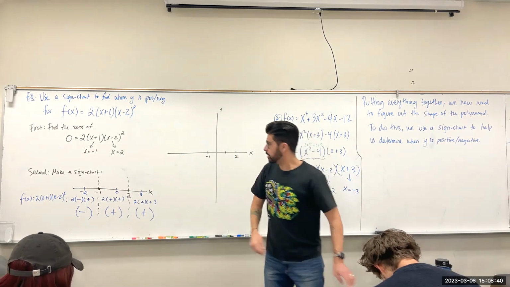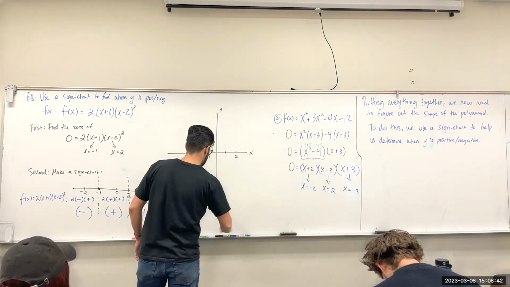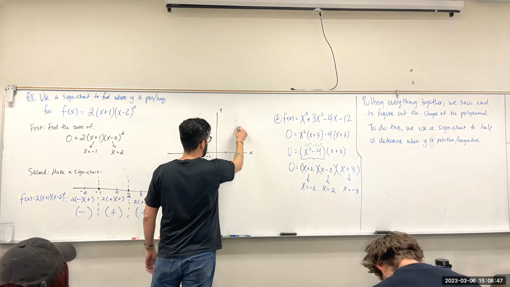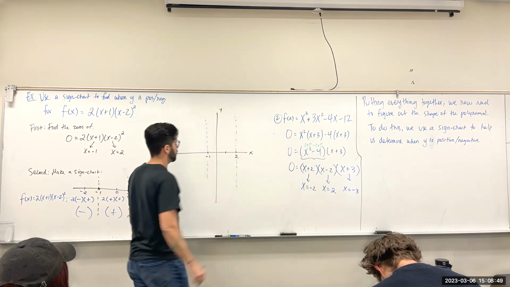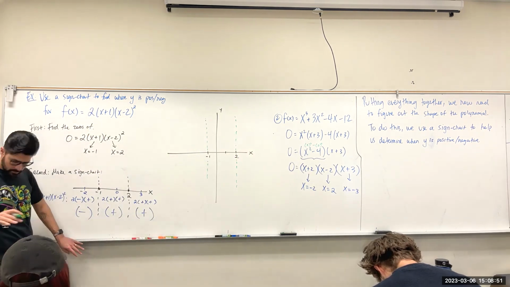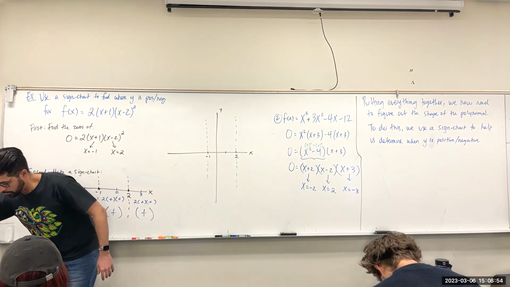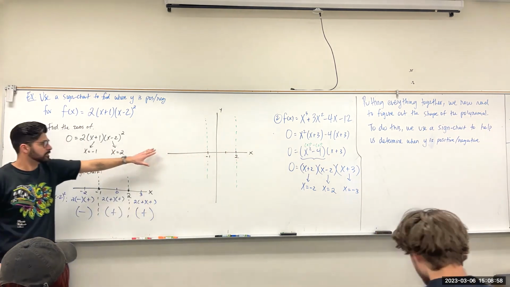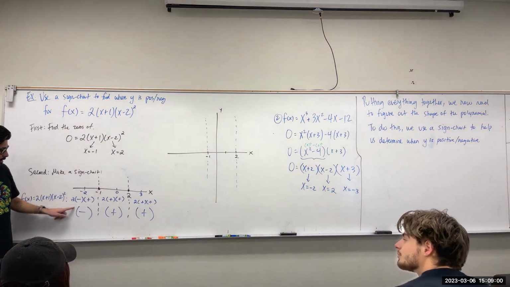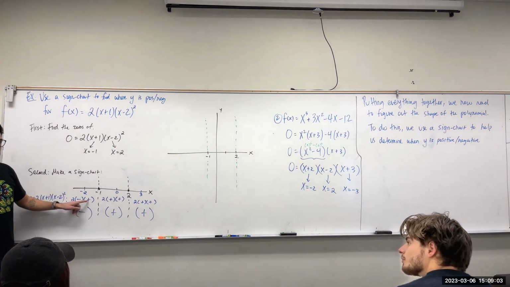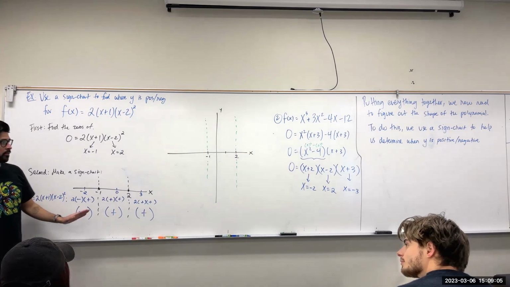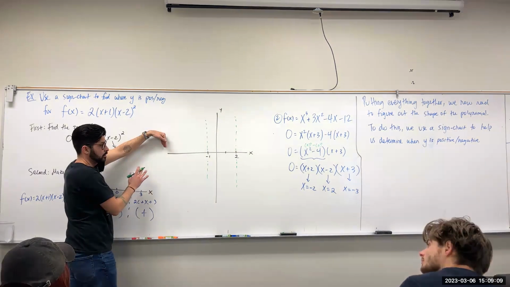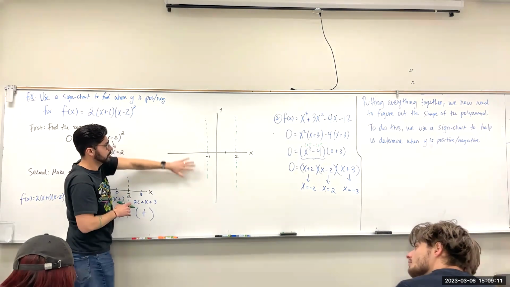But what my sign chart tells me is, if I break my XY plane up into these thirds here, what does this part tell me? It tells you that the y values on this side have to be negative. So is that the top or the bottom?